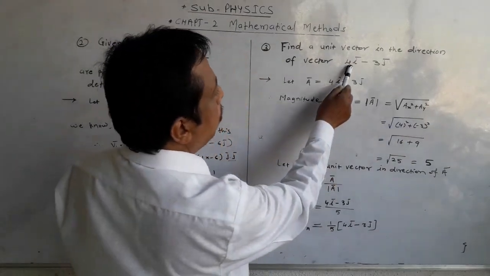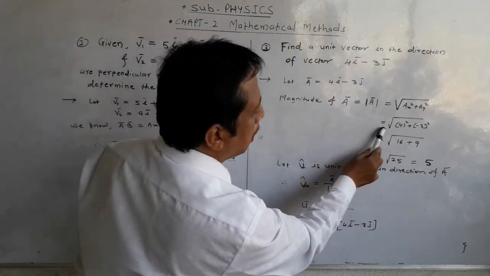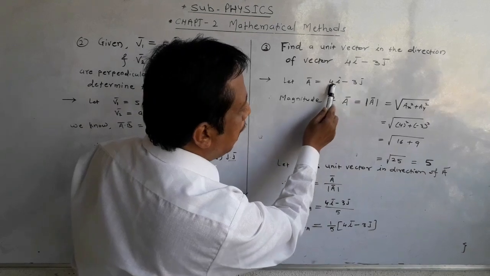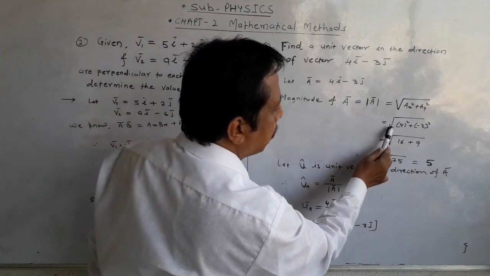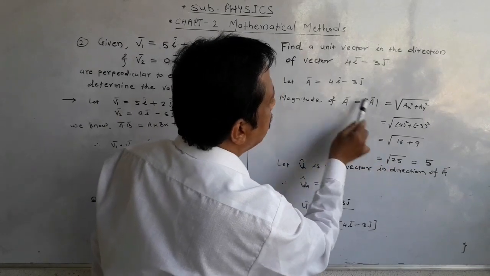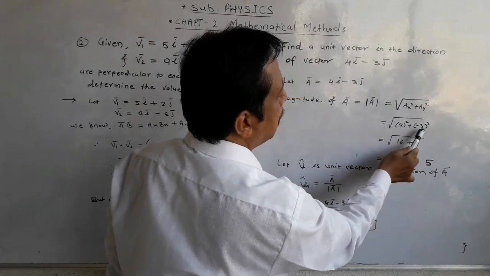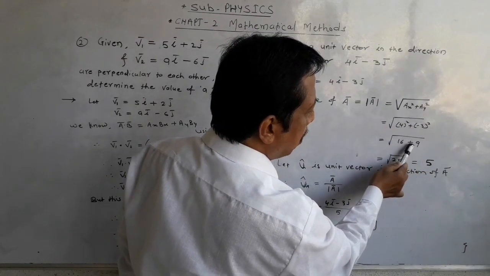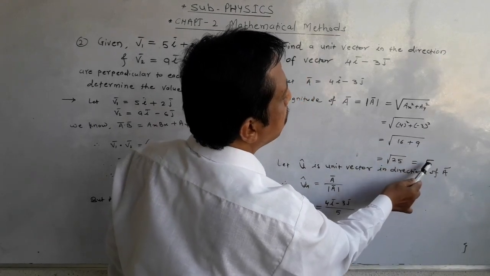But here we have only 4i minus 3j. Therefore, the magnitude of a bar is the square root of the squares of the coefficients of i and j added. 4 square, this is the coefficient of i, and minus 3 is the coefficient of j. Square of 4 is 16, minus 3 square is plus 9, and 16 plus 9 is 25. Square root of this is equal to 5.